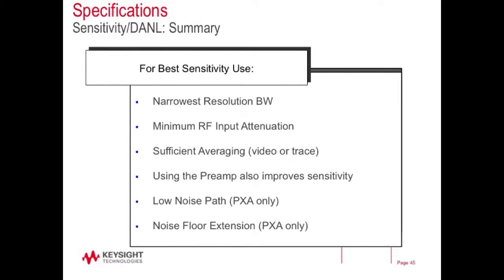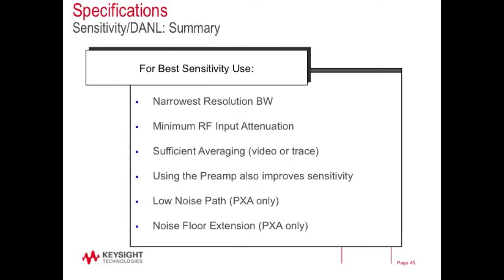We don't warrant it down there, but noise floor extension uses math models with some calibration data to take out the noise effects of the analyzer to get way down there. Again, I don't have enough time to get into it here. There's a white paper on our website, and they can demonstrate it to you at the booth. All right? Any questions on this?